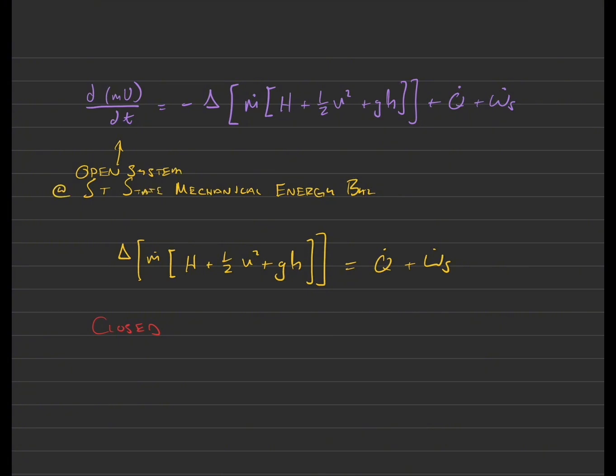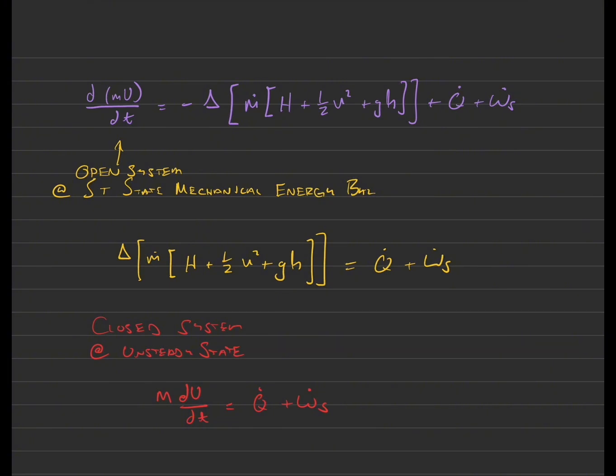And we'll say this is a closed system at unsteady state, or not in steady state. Well, that would imply that the mass flow rate term goes to 0, right? So the dm also can be pulled out, right? So then you get m du over dt must equal the heat input plus the shaft work.